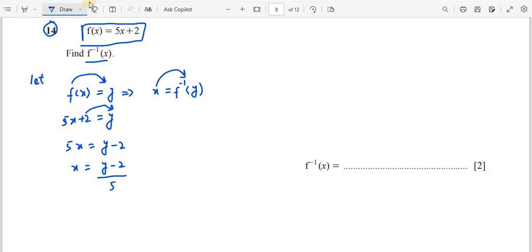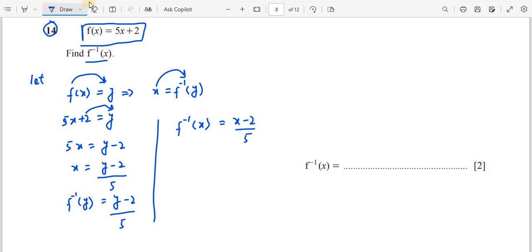So x is equal to f inverse of y. f inverse of y is equal to y minus 2 over 5. So replacing y with x, f inverse of x is equal to x minus 2 over 5. This is the final answer. So f inverse of x is equal to x minus 2 by 5.